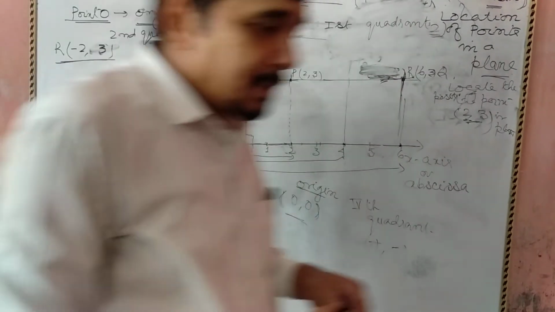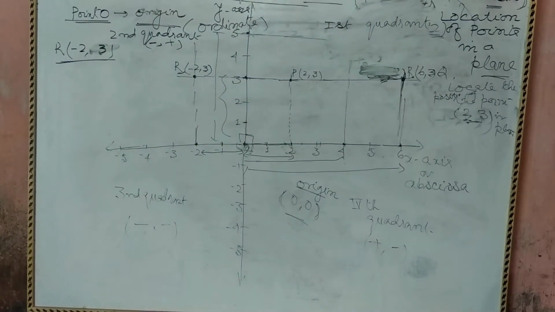Don't change the position of the ordered pair. Whatever ordered pair of points is given, always take the first coordinate on the x-axis and the second coordinate on the y-axis. Okay, you remember it.